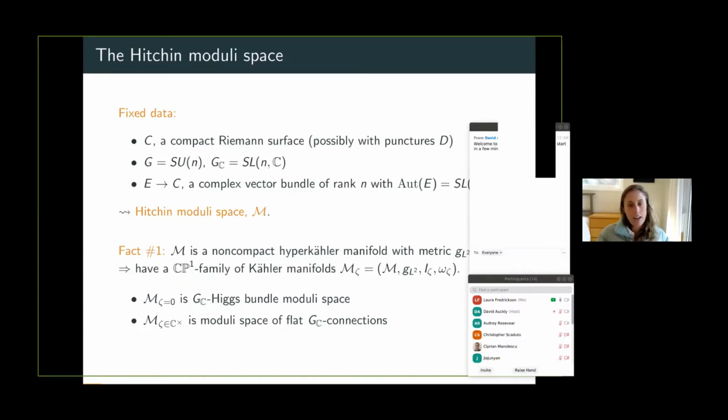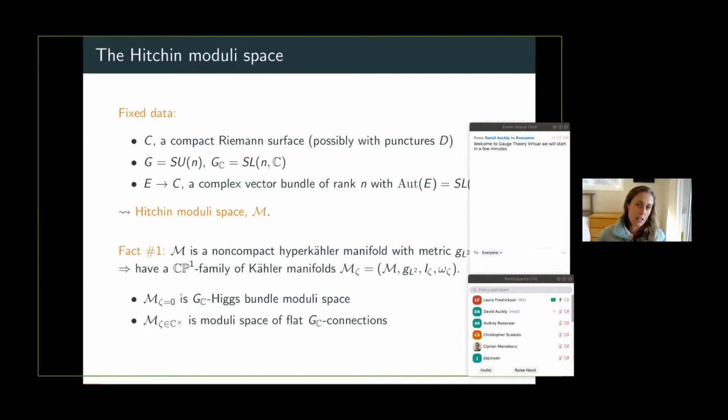To define the Hitchin moduli space, we'll fix C to be a compact Riemann surface. There are generalizations where we can include punctures, but I'll start with no punctures. Then we'll pick a Lie group, SU(N), or its complexification, and that will give you the rank of the bundle.